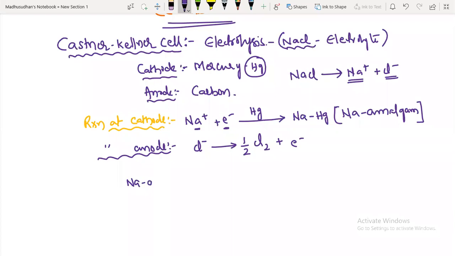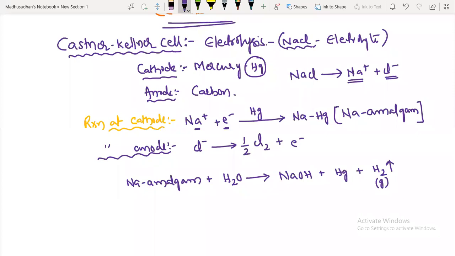Sodium amalgam on reaction with water now gives you sodium hydroxide, and your mercury is going out, and hydrogen gas is released.